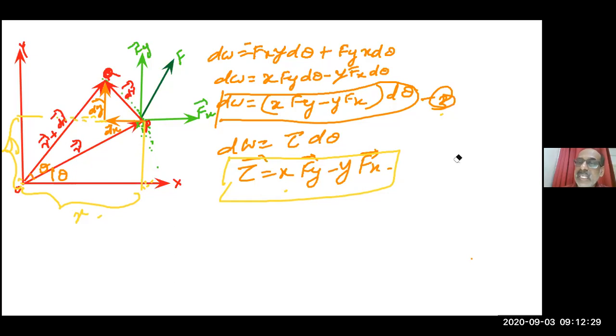This is the physical meaning of torque. That means torque in rotational motion is analogous to force in linear motion.